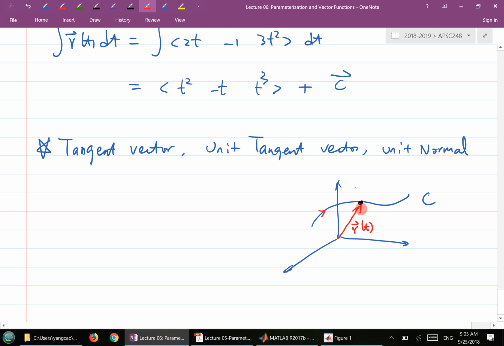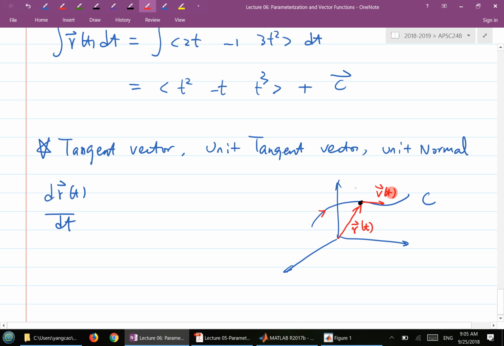If this is a general point on the curve C, I can use a general vector function r of t to represent the curve C. And as we learned previously, if I take the derivative of this position vector r of t, what we get is the velocity.